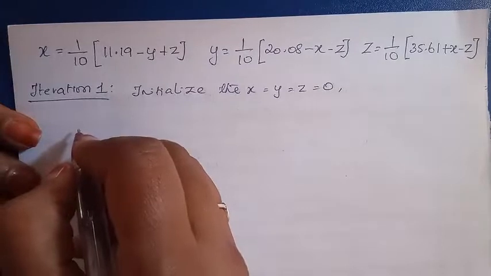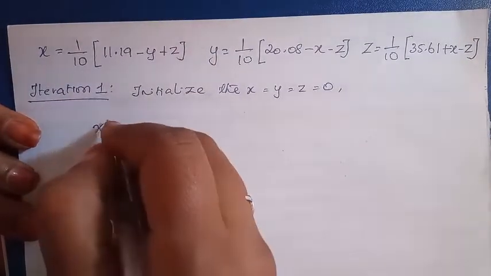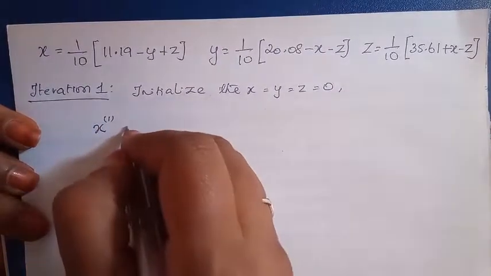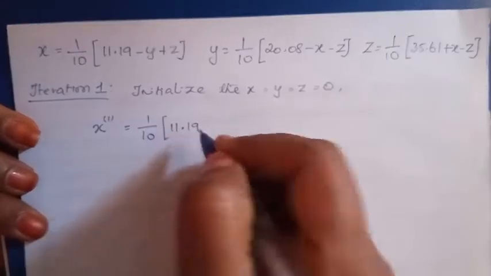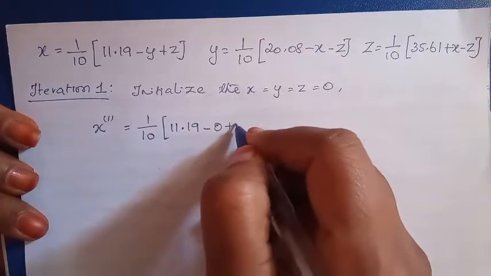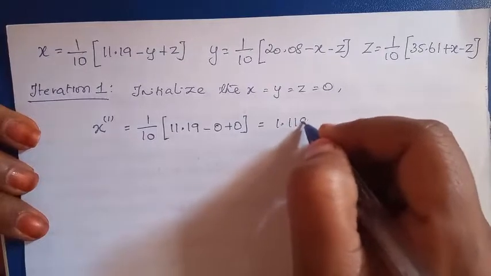So in the first equation, since this is going to be iteration 1, I am naming the x as x1. x1 equal to 1 by 10 into 11.19 minus y value is 0 plus z value is also 0, 1.119.